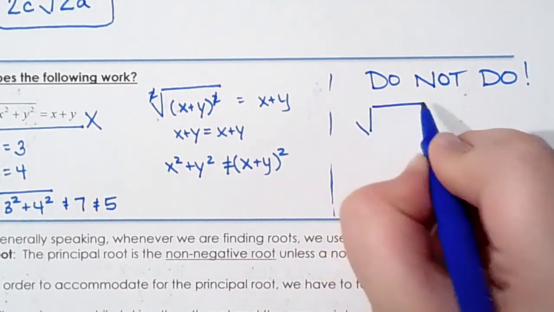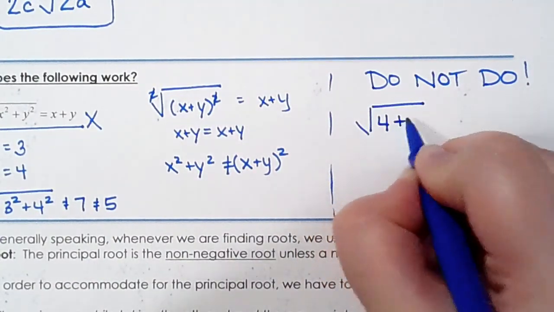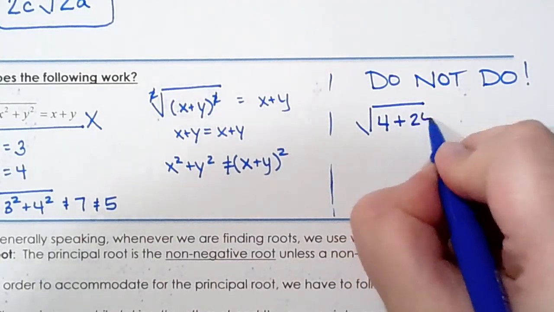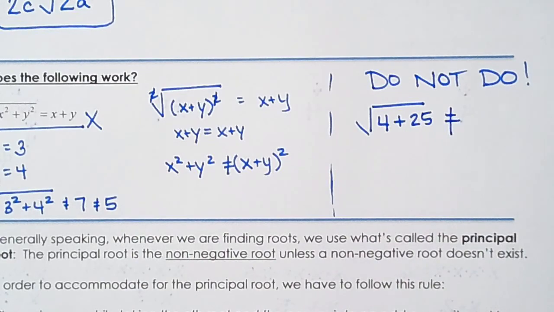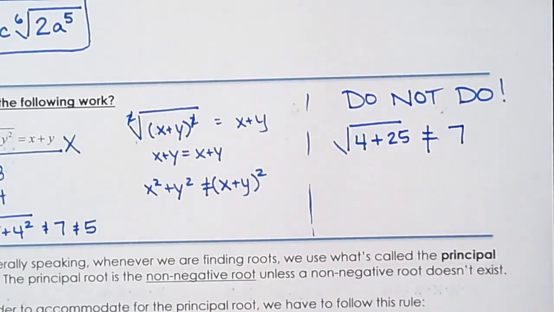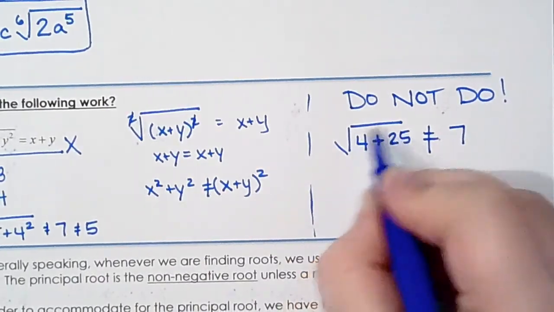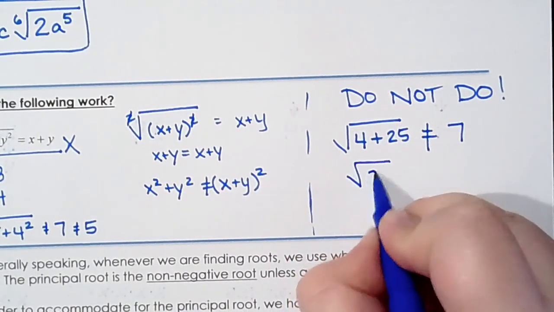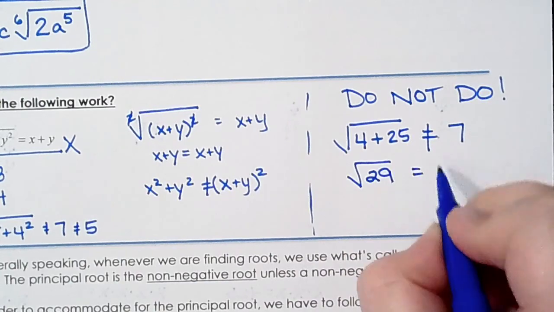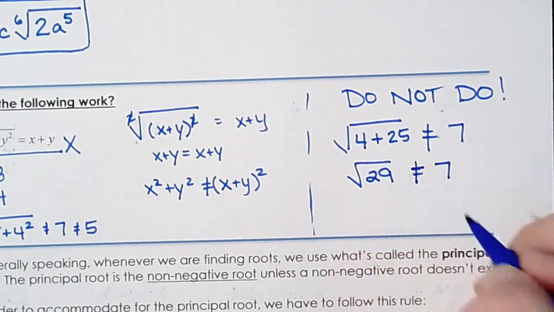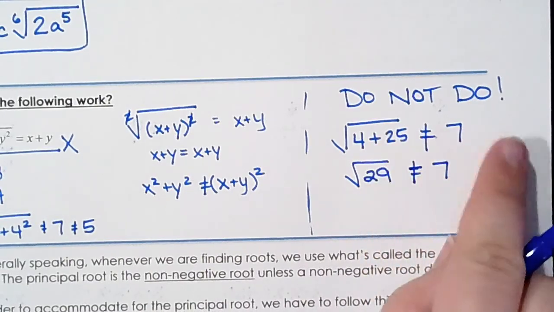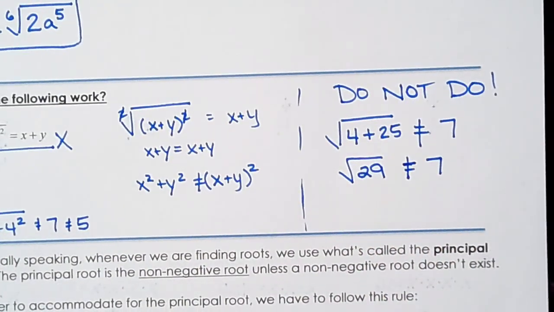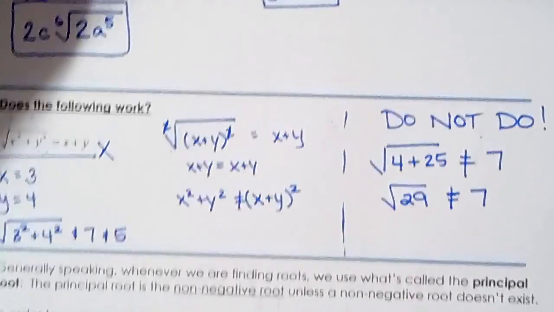If you see something for, let's pick another one, the square root of 25 does not equal 7. It's not the unsquared version of those things. This is the square root of 29. And let me tell you, folks, the square root of 29 does not equal 7. If you can't do it with numbers, do not do it with variables. All right, I'll get off my soapbox.